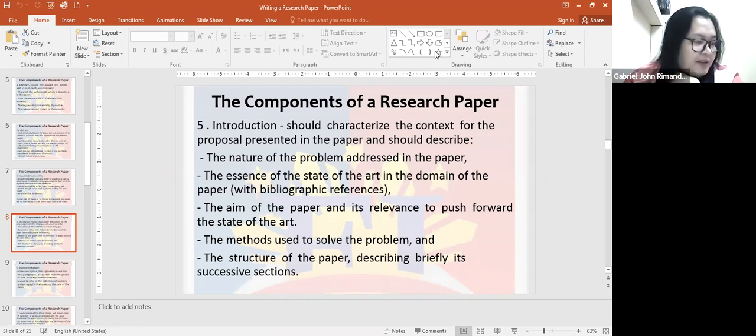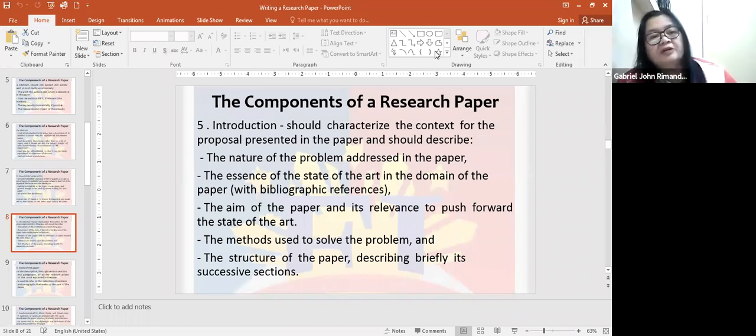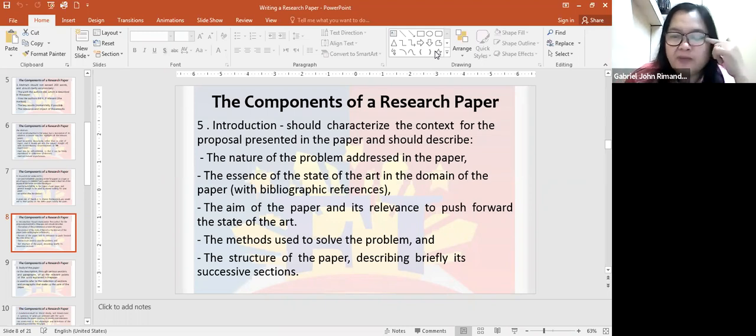And then the aim of the paper and its relevance to push forward the state of the art, the methods used to solve the problem, the structure of the paper describing briefly its successive sections. Okay. Now, an introduction, generally, we fill a page or more, but not more than 2 pages.